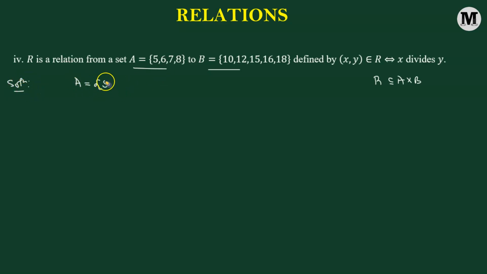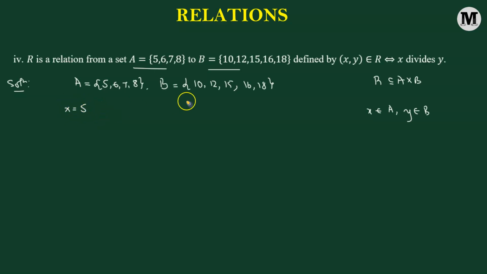Set A is given by the elements 5, 6, 7 and 8. Set B contains the elements 10, 12, 15, 16 and 18. Here x belongs to the set A and y belongs to the set B.